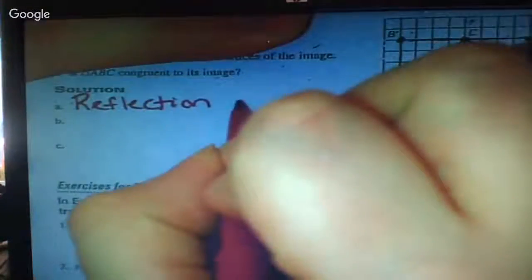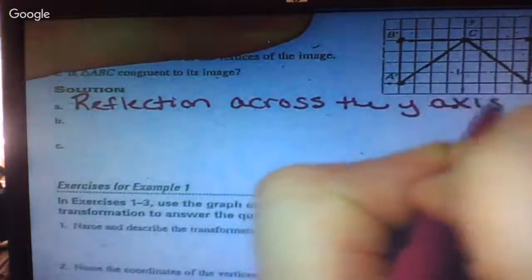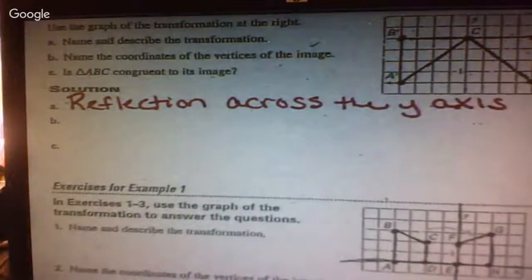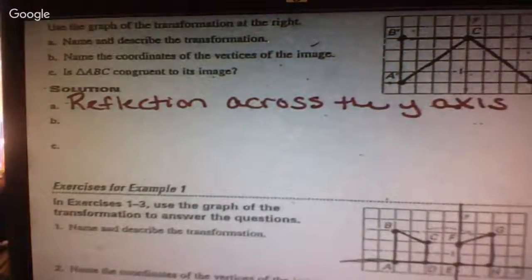This is actually a reflection across the y-axis. Okay. If you look, the center of your reflection is the y-axis, which is what makes this the reflection across the y-axis.